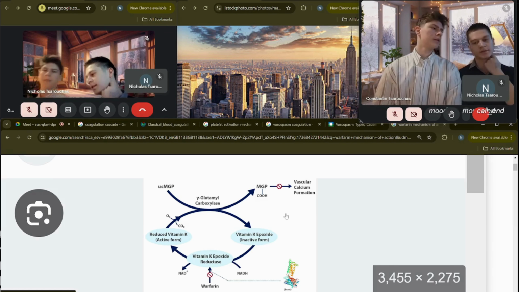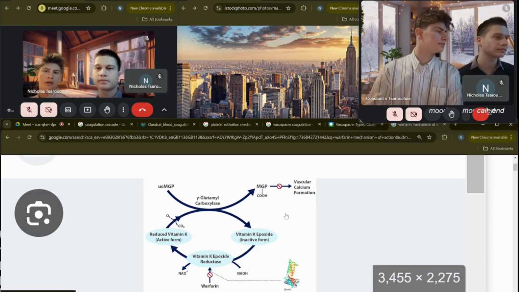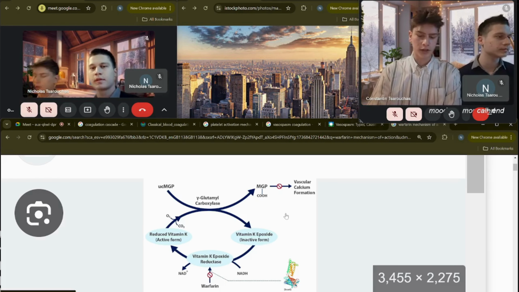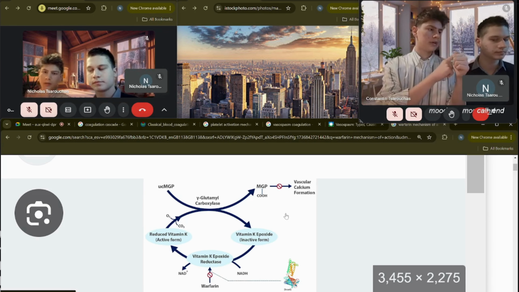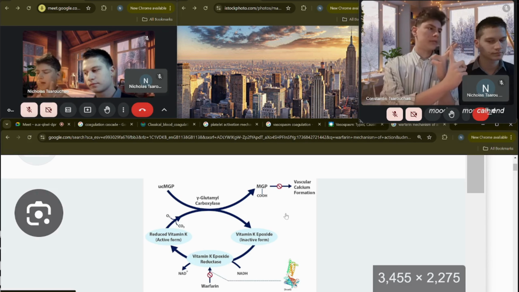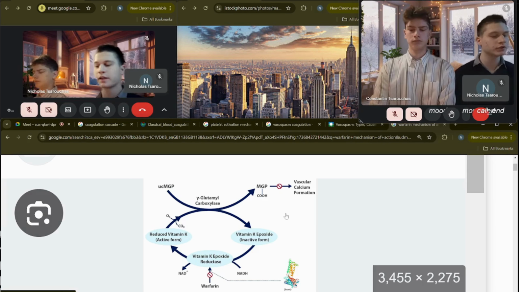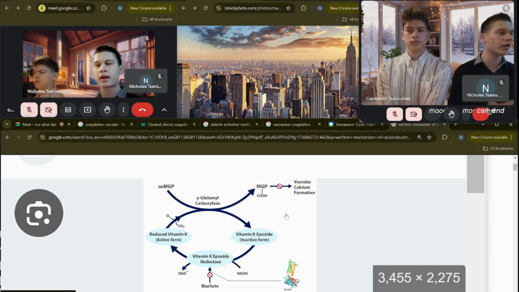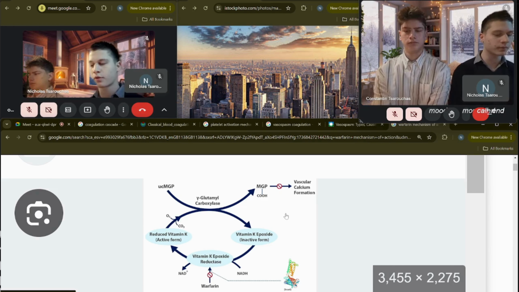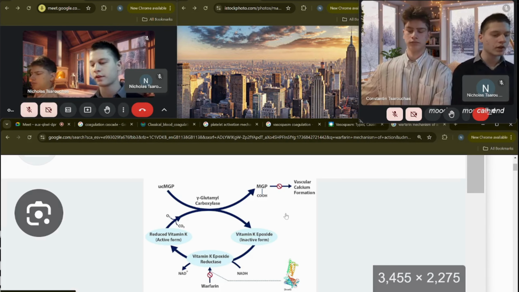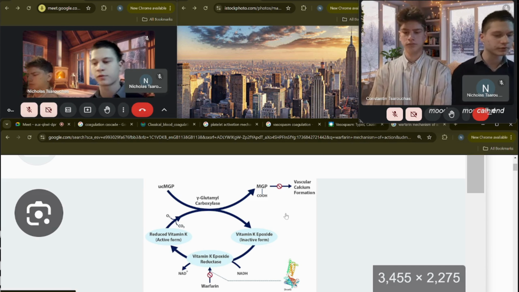Should we look at Virchow's triad? Virchow's triad consists of a hypercoagulable state, vessel wall injury, and blood stasis. It really shows the three things behind thrombus formation, and what we need to look at when seeing if someone is liable to a certain type of thrombus.